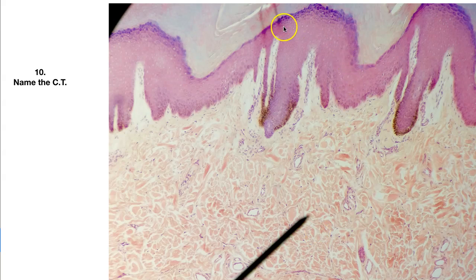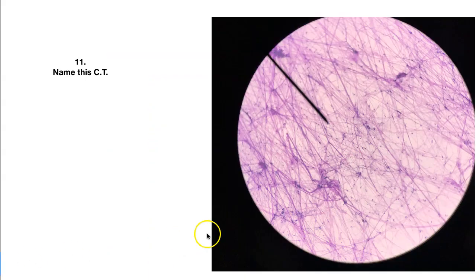This is our skin. This is our stratified squamous keratinized up in here. And then deep down here, what is this connective tissue right here? That's number 10. Number 11, what is this connective tissue?